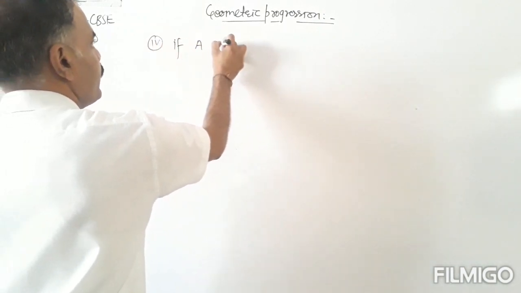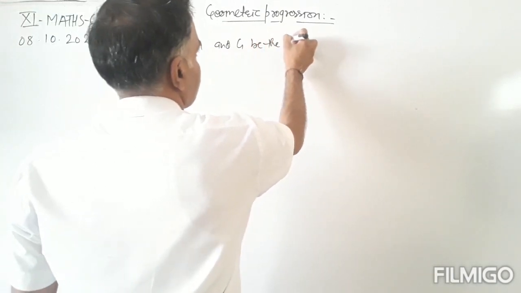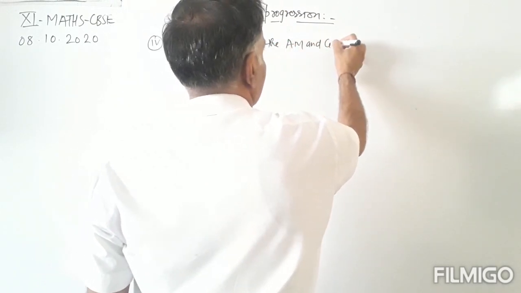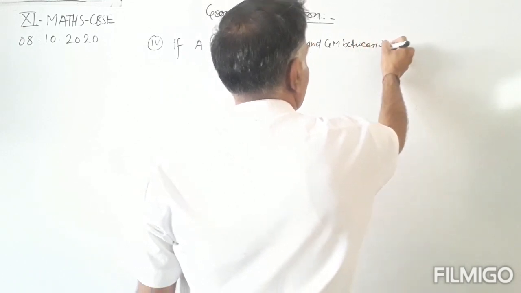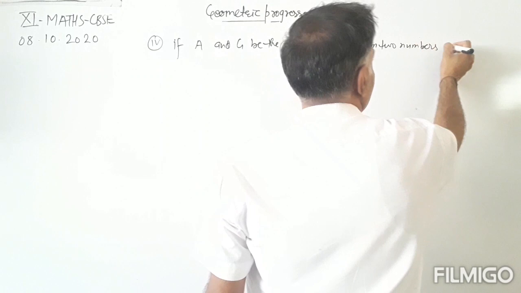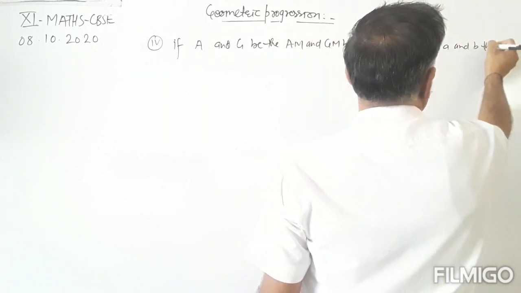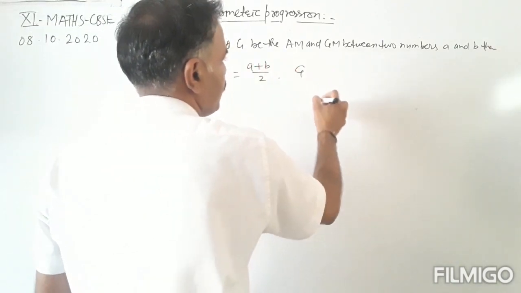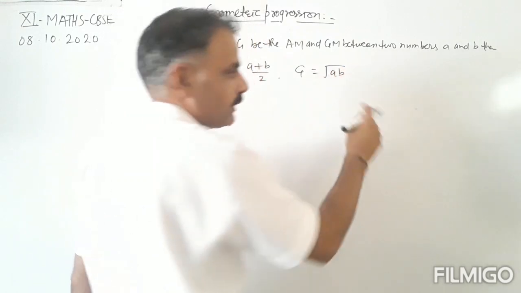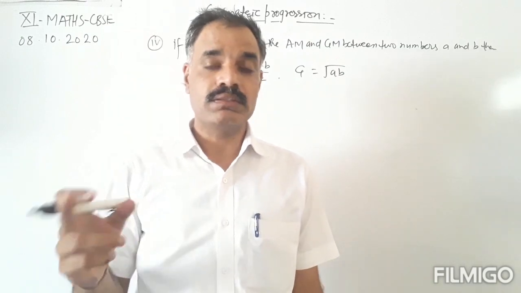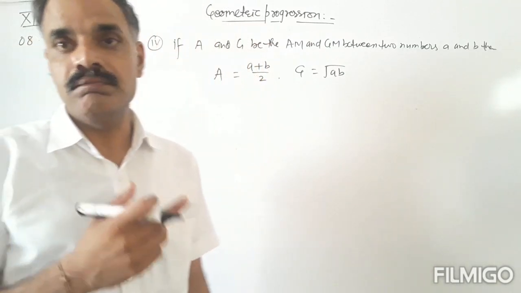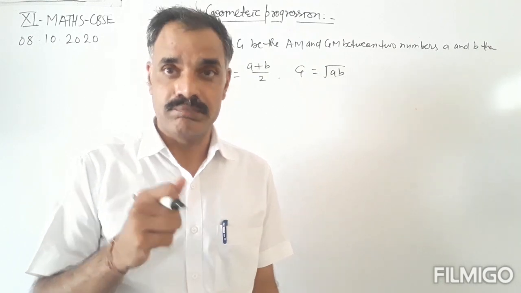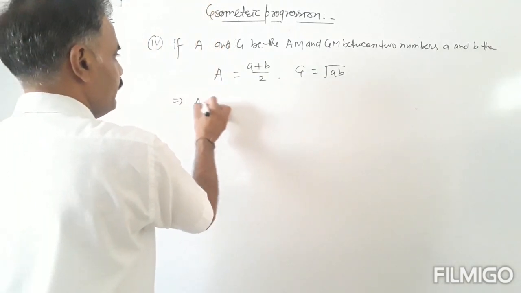If A is the arithmetic mean and G is the geometric mean between two numbers a and b, then A can be written as a plus b upon 2, that is the arithmetic mean, and G can be written as under root ab, that is the geometric mean. Okay, so now we will find A minus G.